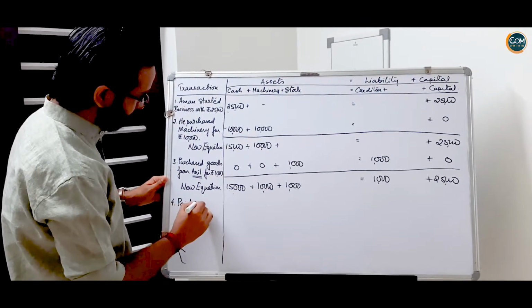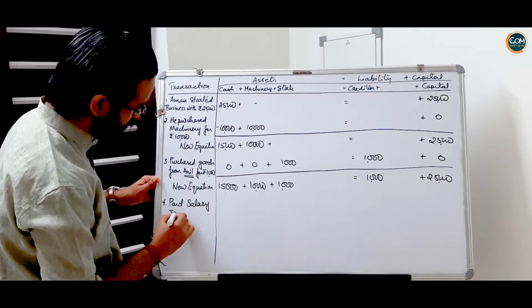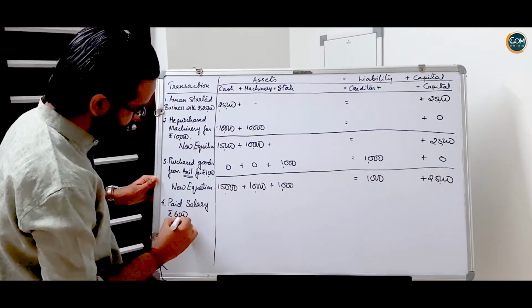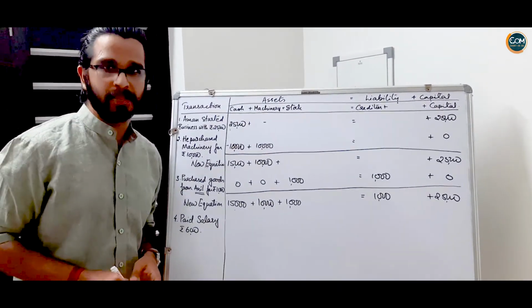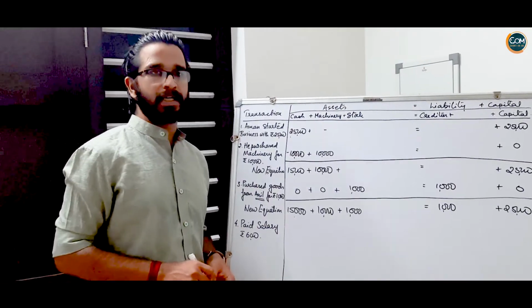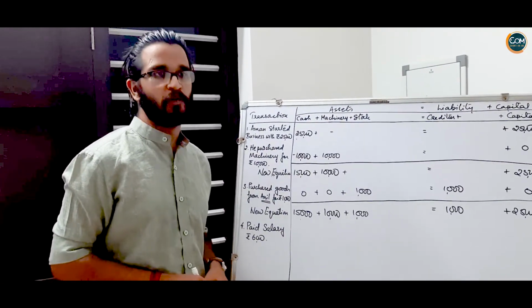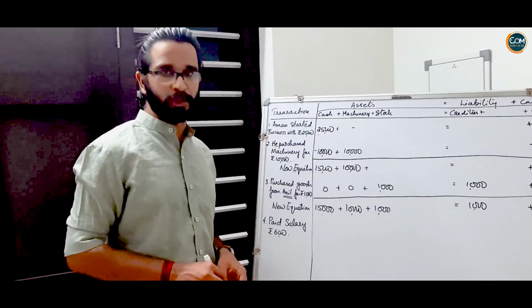Paid salary ₹6,000. This is another transaction. Paid salary for ₹6,000. A salary is an expense on the part of the company towards the employees of the company.